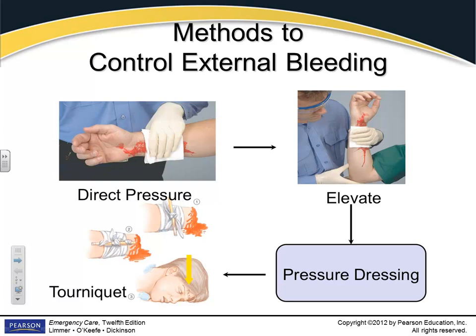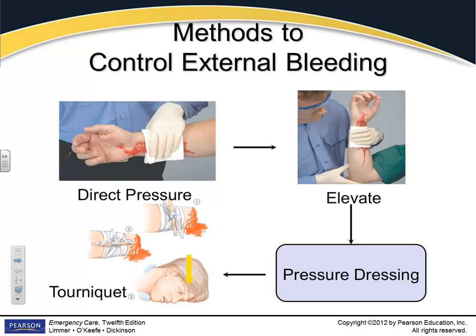Now, they used to emphasize direct pressure and elevation. We still do elevation because it just kind of helps slow that down. The body's having to pump uphill. So you put on the direct pressure and elevate it if you can. If you put your hand on there and the bleeding is slowing down, you're not seeing any more oozing, I'm going to stick with that.